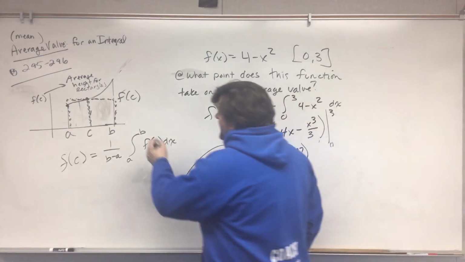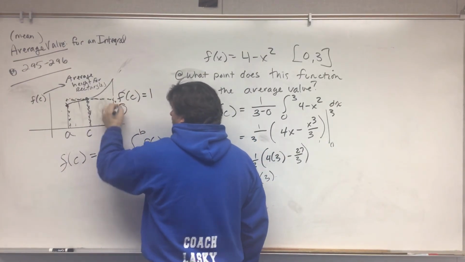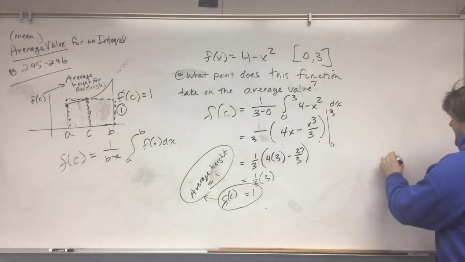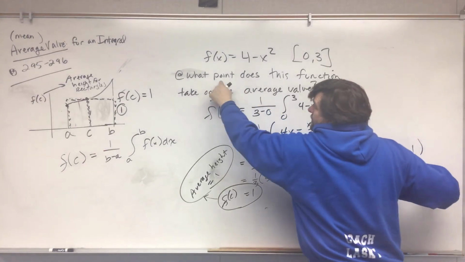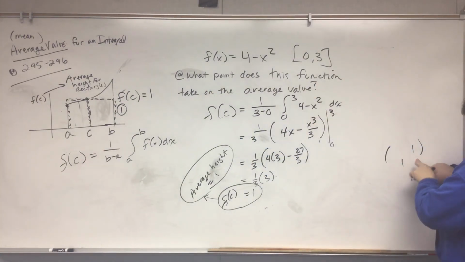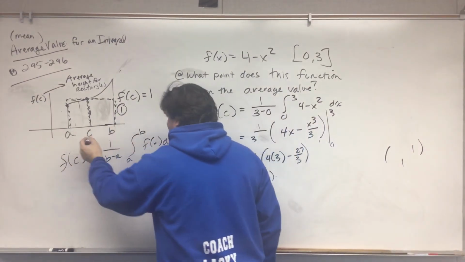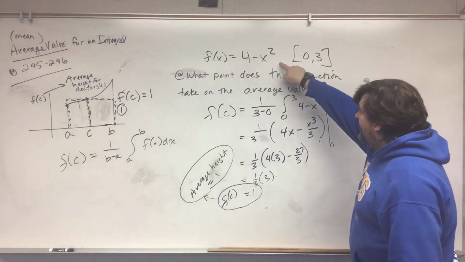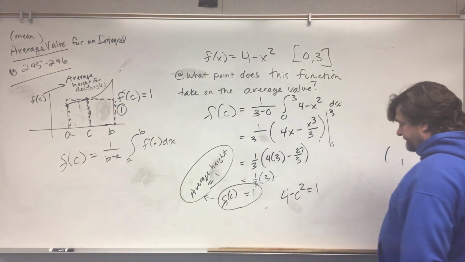So we know that this height right here is going to be 1. We know our y value. Now, at what point does this function take on the average value? I know the value is 1, but what point is it? I need to figure out what c is. We know f of c equals 1, so 4 minus c squared equals 1.